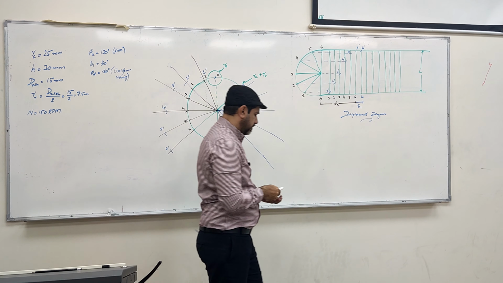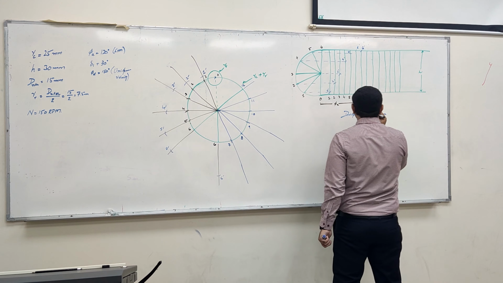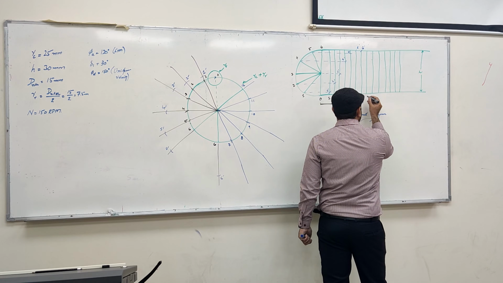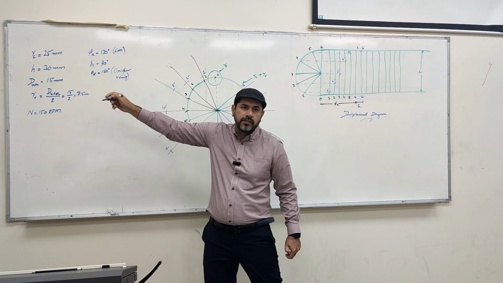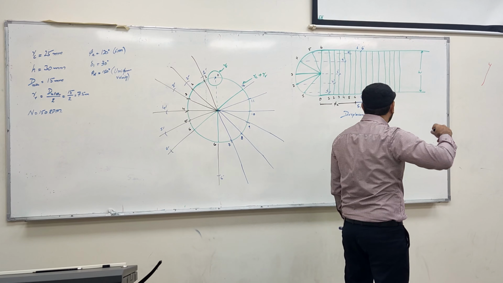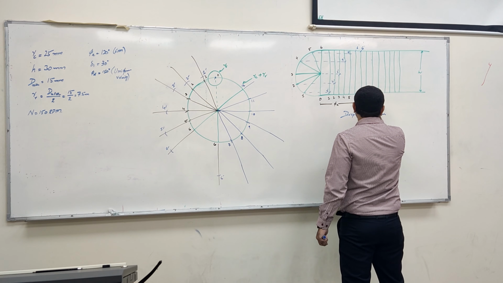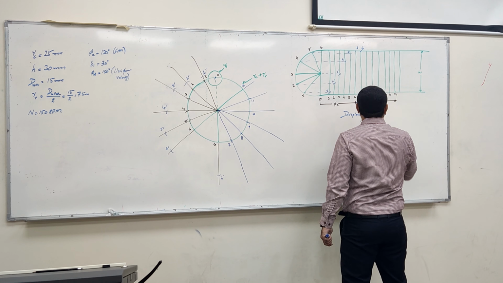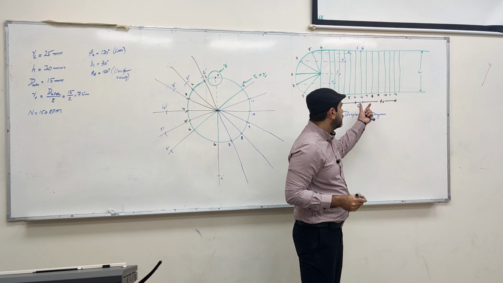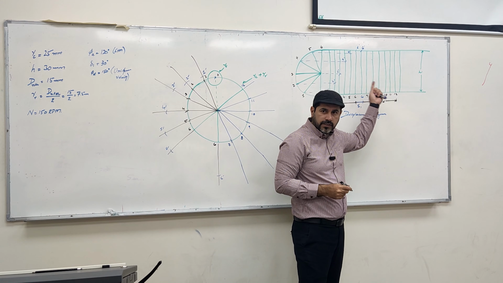Okay, coming back over here. Now this time, we decided to have uniform velocity. So how are we going to have uniform velocity? We'll join with a straight line. So 7, 8, 9, 10, 11, 12. Therefore, for this part, we are using the straight line.